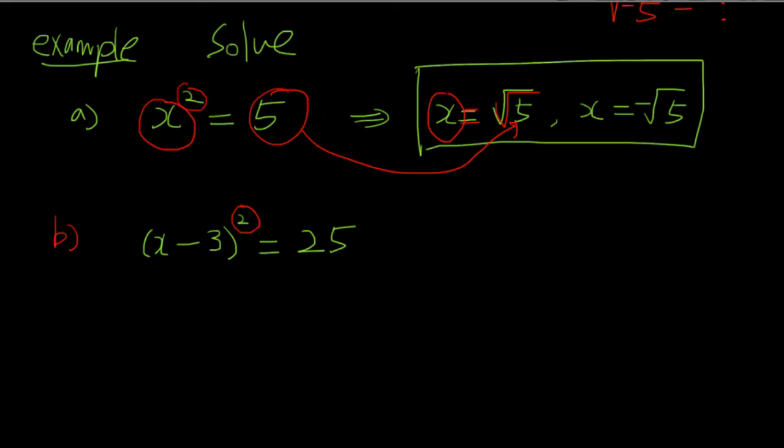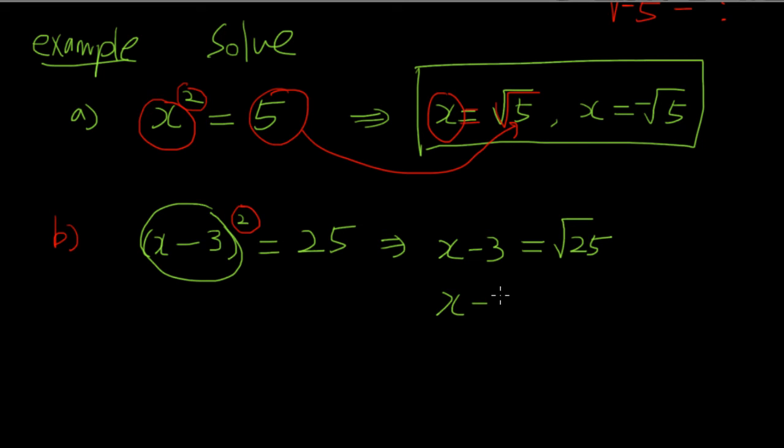So if we apply the same concept, then can we say whatever this is, which is x minus 3, must be equal to the square root of 25, and also x minus 3 should be equal to negative square root of 25, just like that.